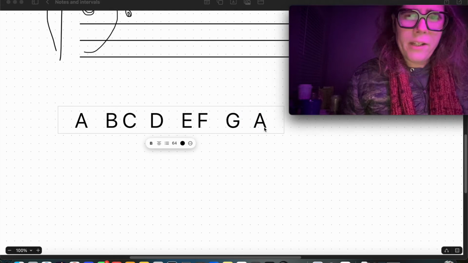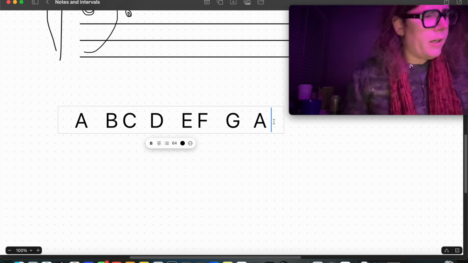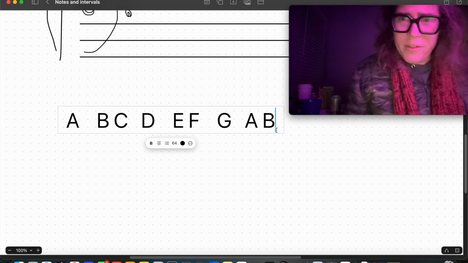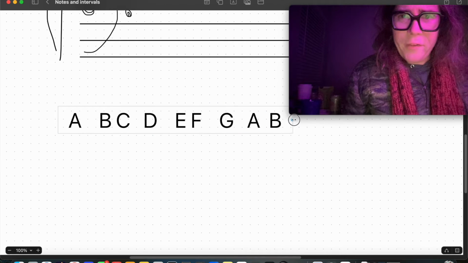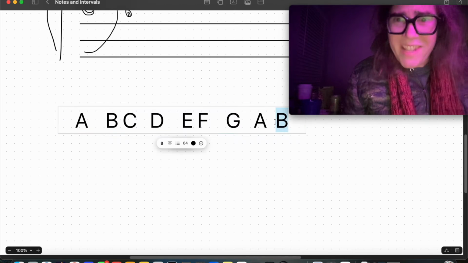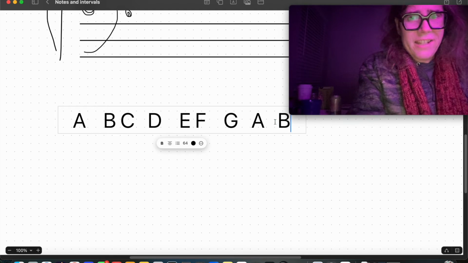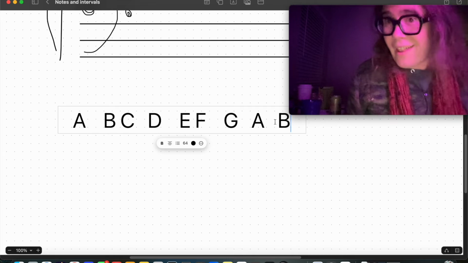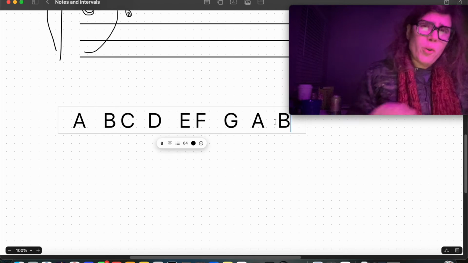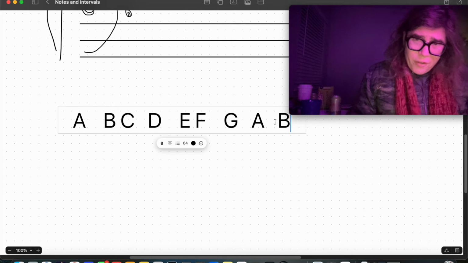And we're not going to go much past this spot, so I'm not going to extend the alphabet out too much because we can see that it repeats, right? It would repeat if it was going to the left also. So these are the basic letters of our musical system.